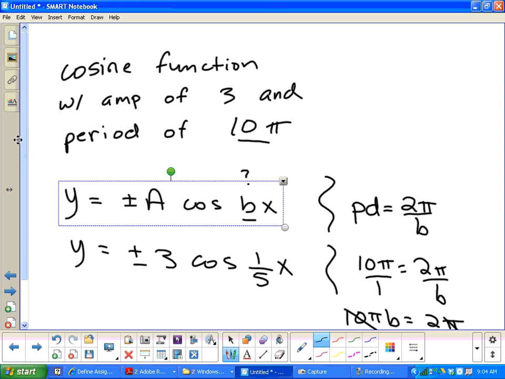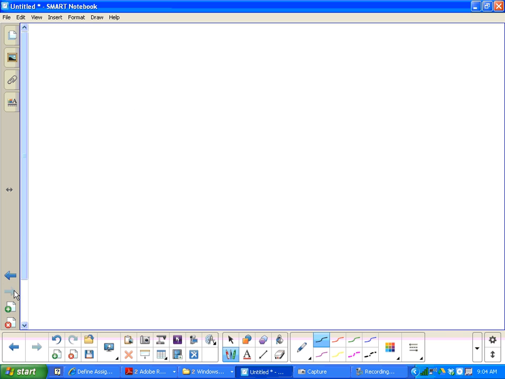Now let's do an example that has a vertical shift. Time to make up one.